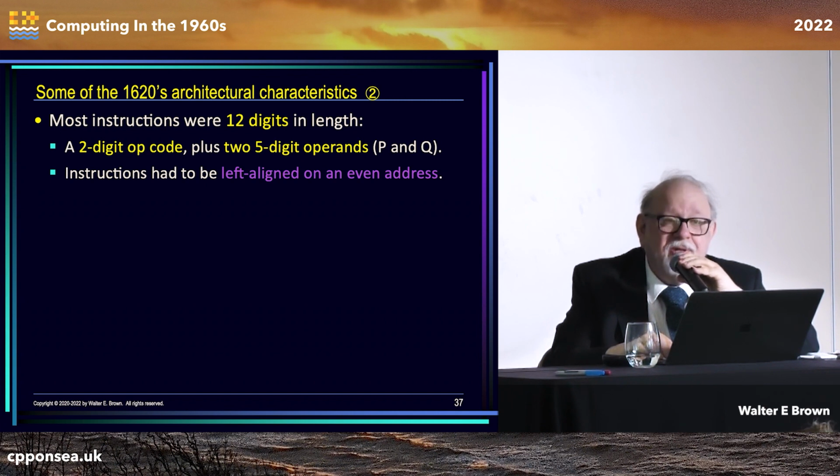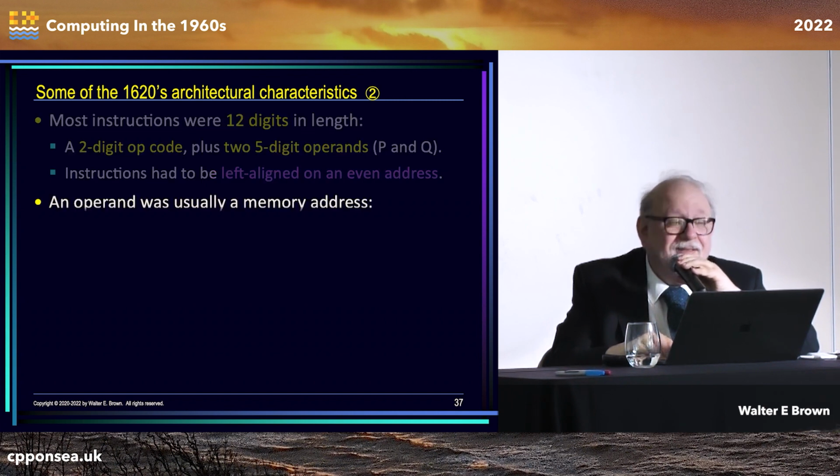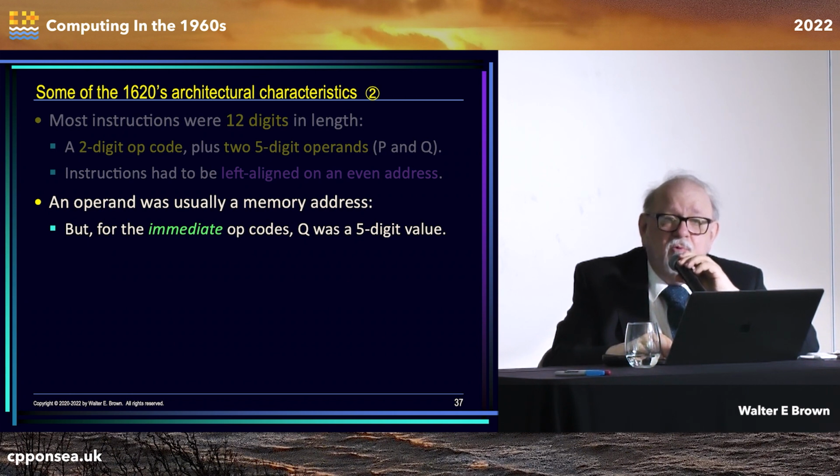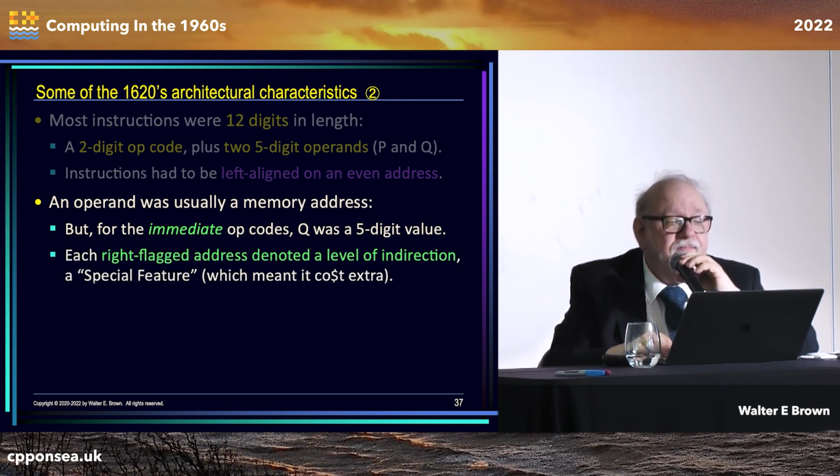You wanted more than that, you had to build your own. The operands typically were memory addresses, but we had immediate opcodes, so we could use one of the operands for a value of up to 5 digits. If an address had the flag bit set on the rightmost digit, it was an indirect address.